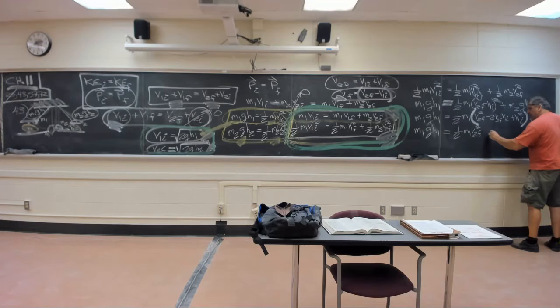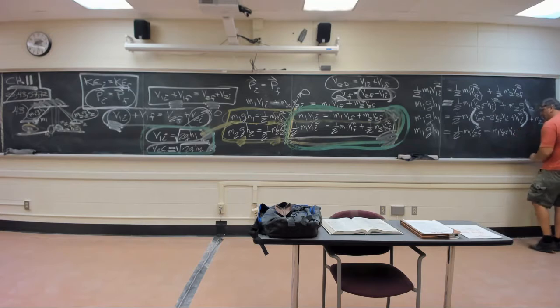Bring the half in here. You've got minus M1 V2F V1I. We've got 1/2 M1 V1I squared. It's the only one that resembled something reasonable, at least something we've seen before.